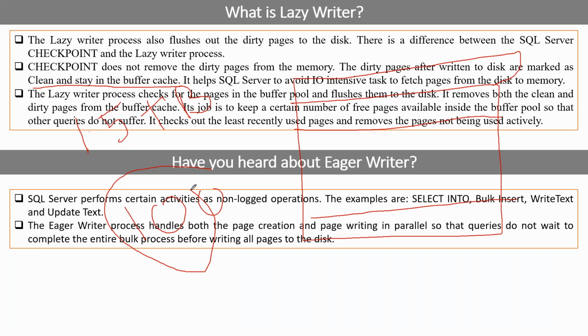When we discuss performance counters in advanced performance tuning, I will show you the lazy writer counter and the benchmark value you need to remember. You need to see how frequently your checkpoint is triggering and how frequently your lazy writer is triggering. We can measure this frequency using the performance counter. We'll discuss that in the performance counter concept.